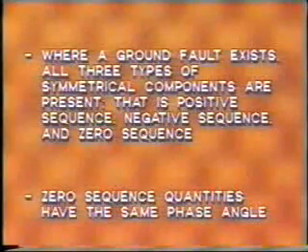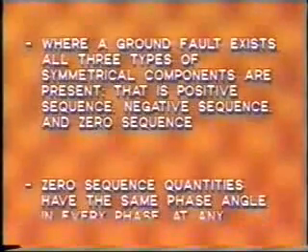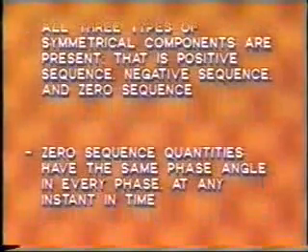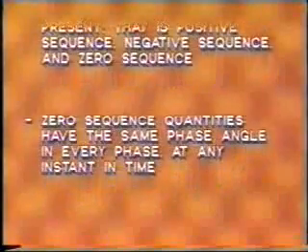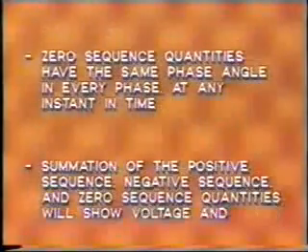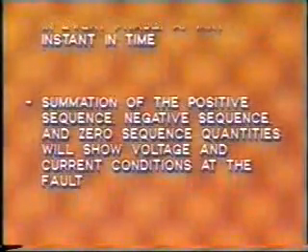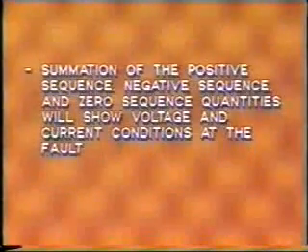That is, positive sequence, negative sequence, and zero sequence. The zero sequence quantities have the same phase angle in every phase at any instant in time. Summation of the positive sequence, negative sequence, and zero sequence quantities will show voltage and current conditions at the fault.